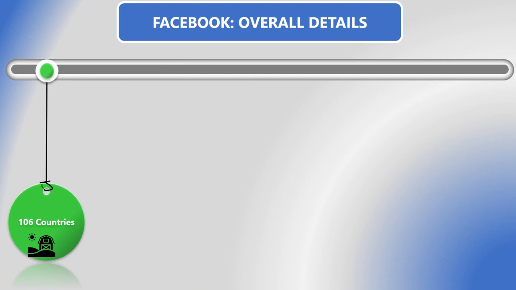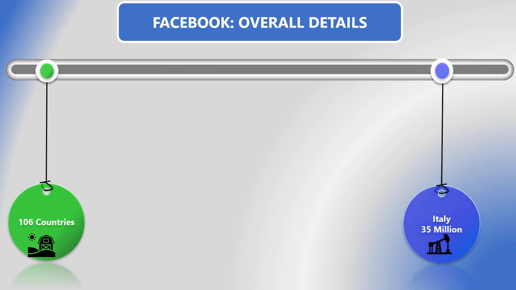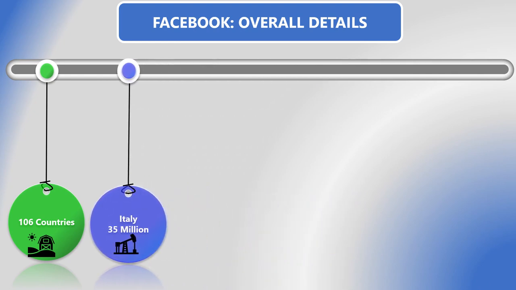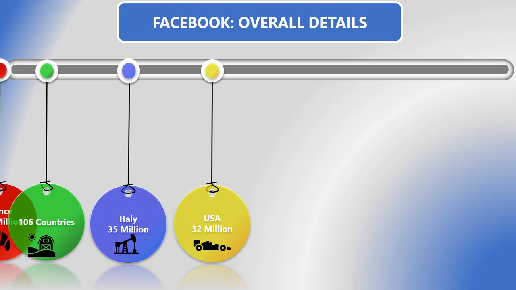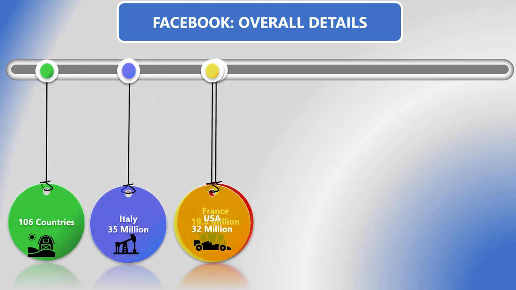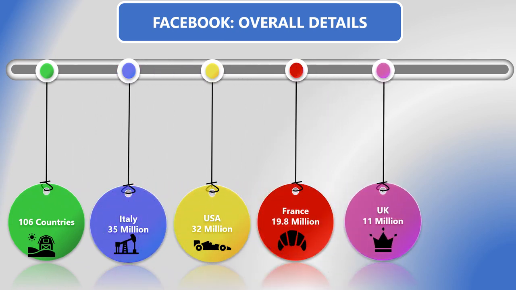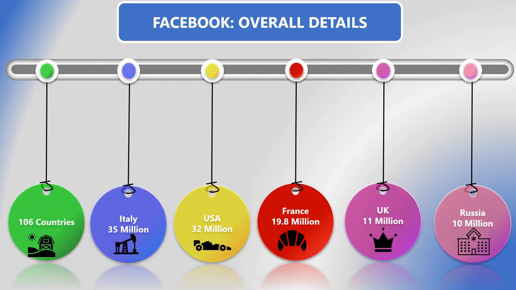Users' data was stolen from 106 countries, in which 35 million users' data was stolen from Italy, 32 million from the United States of America, 19.8 million from France, 11 million from the United Kingdom, and nearly 10 million from Russia.